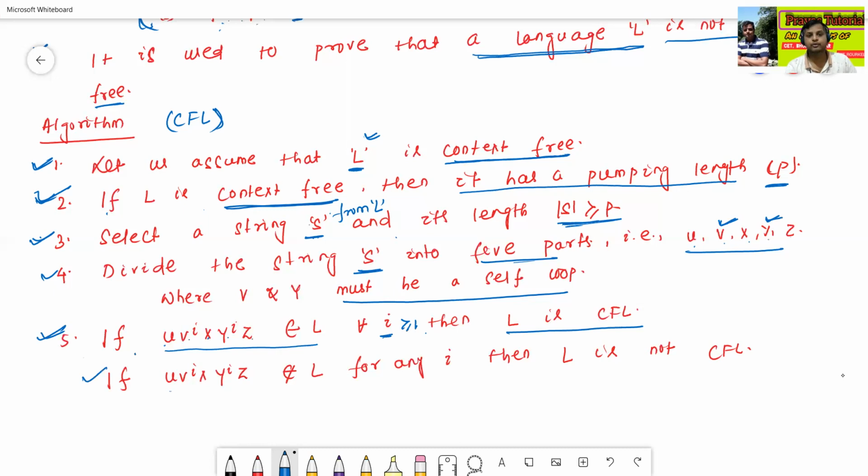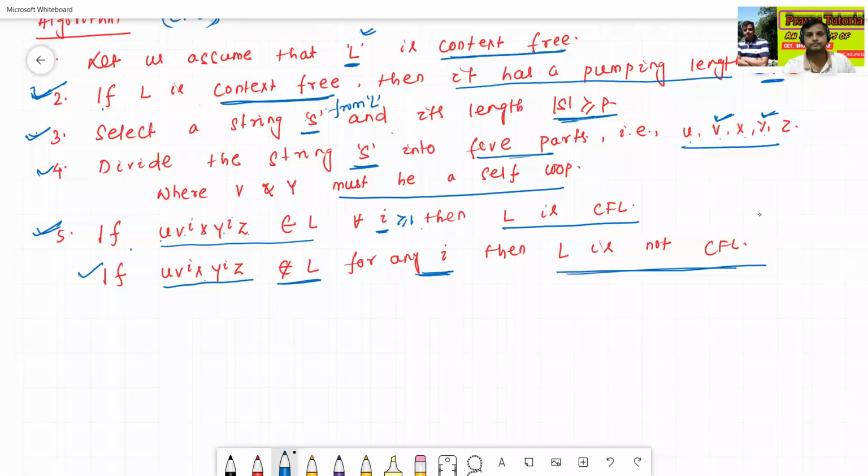If u v^i x y^i z does not belong to L for any i value, that is, it does not satisfy, then L is not context-free language. These are the algorithms. Now we'll see the example.